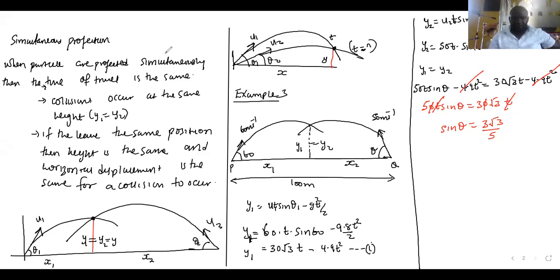Where could the problem have been? This was 60. 60 root 3 over 2, you get 30 root 3. The other one was 50. Why are we not having the answer we expect?